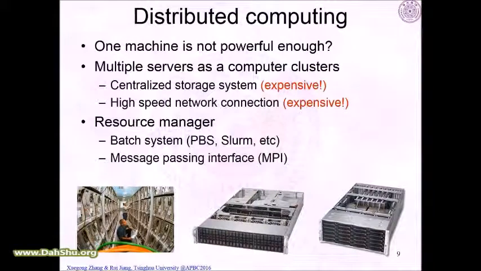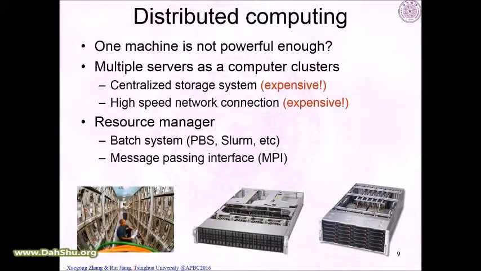And distributed computing is the idea that if one machine is not enough, we want to use multiple machines. We know we can use clusters, but clusters are relatively expensive. A cheaper solution is to use distributed computing to connect multiple personal computers into a network.